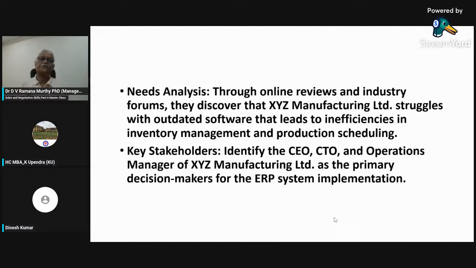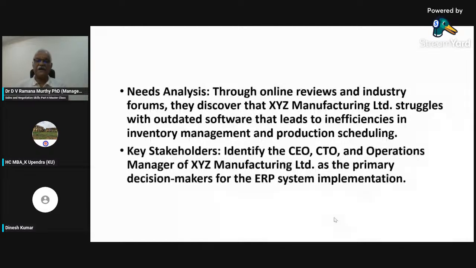Now at this stage you would like to go in for identification of key stakeholders with whom you're going to plan for negotiations. It can be a CEO, a chief technical officer, or an operations manager of XYZ Manufacturing Limited.